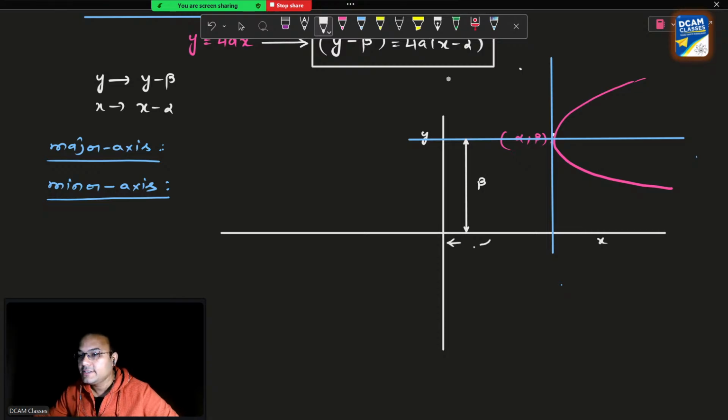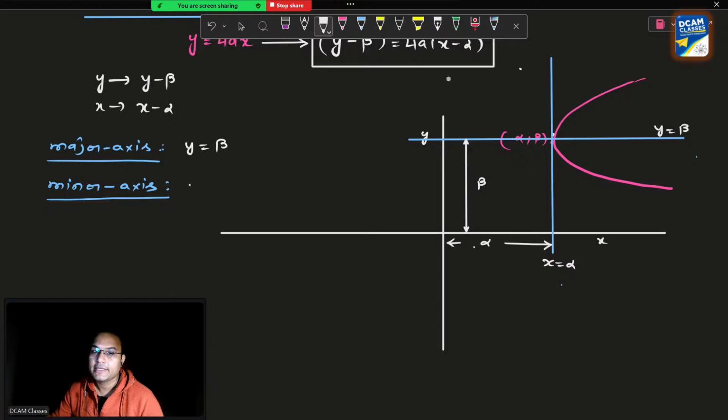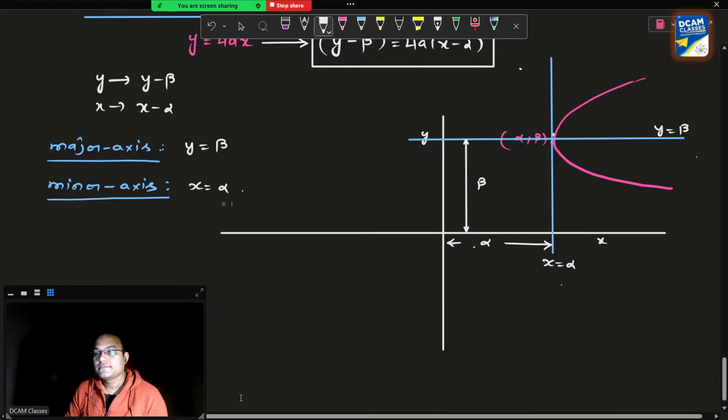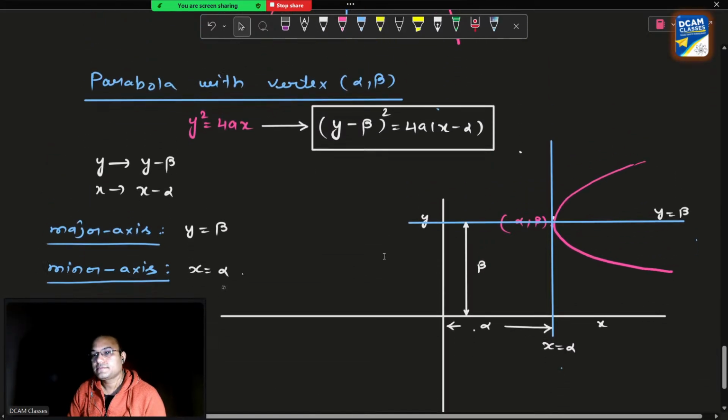And this distance is alpha, correct? So what will be this equation? So this will be y is equal to beta. So the major axis is y is equal to beta, and the minor axis is x is equal to alpha. That's okay. Now tell me what will be the coordinates of the focus.